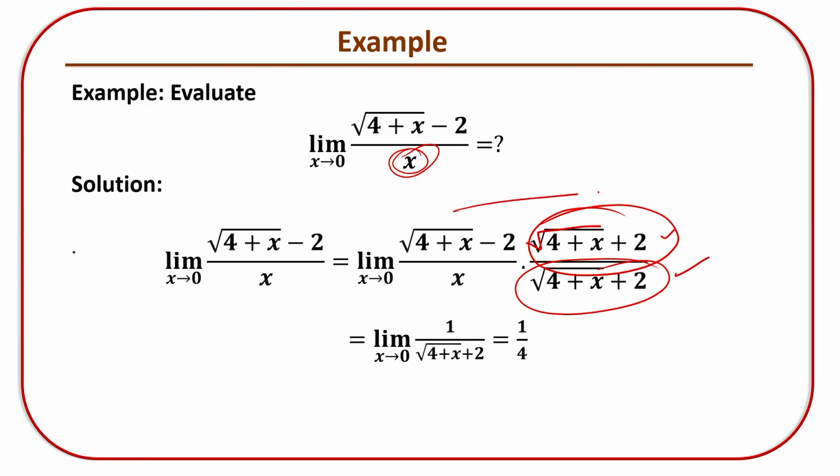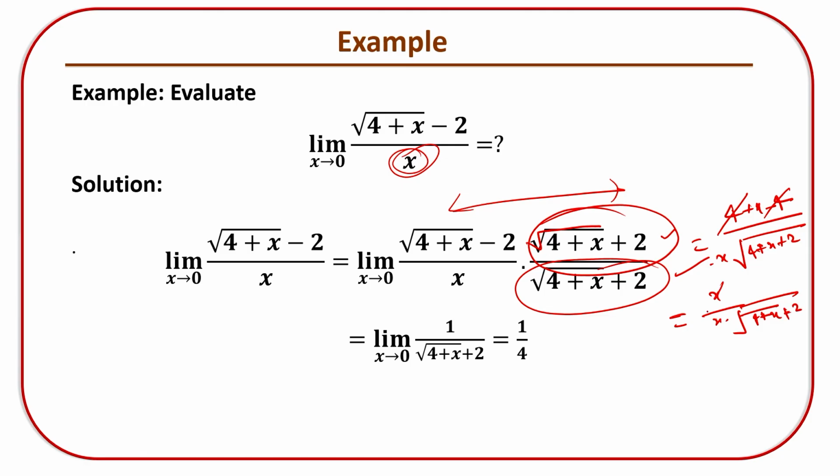The numerator will become a square of this, so this will become 4 + x minus 4, divided by x into (square root of 4 + x plus 2). So, 4 cancels out, and x divided by x into (square root of 4 + x plus 2), so x cancels out.